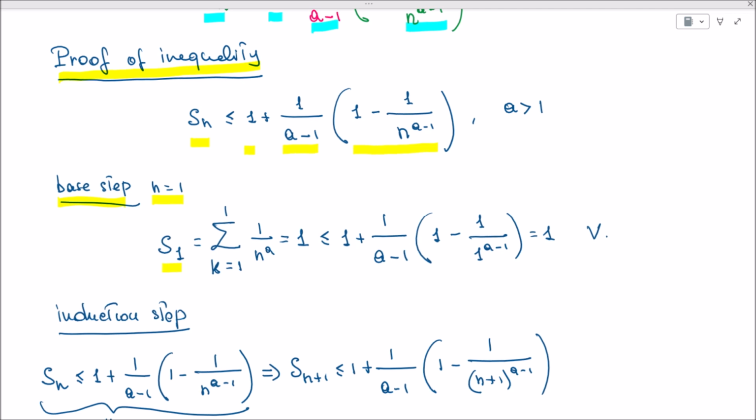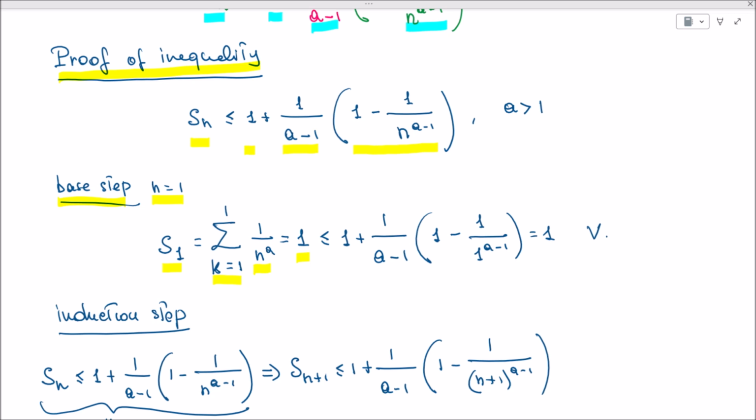We have that S1 is equal just to the sum for k that goes from 1 to 1, we are just replacing n with 1, of 1 over k to the a. Well, but we have only one term in this sum, and this term is just 1.